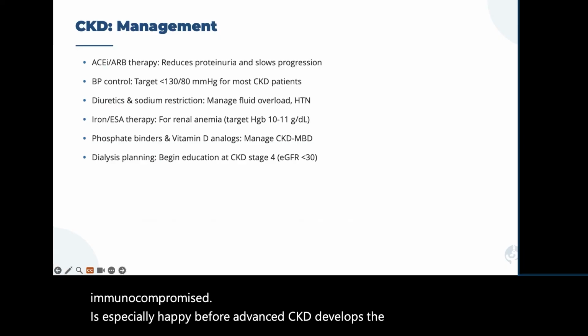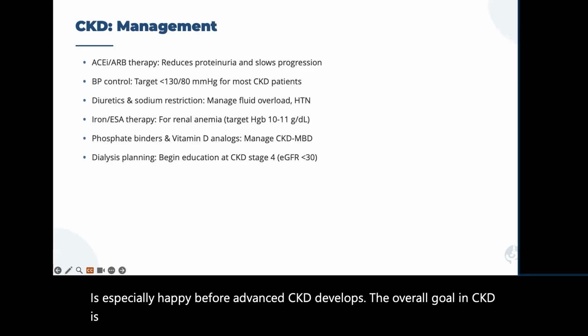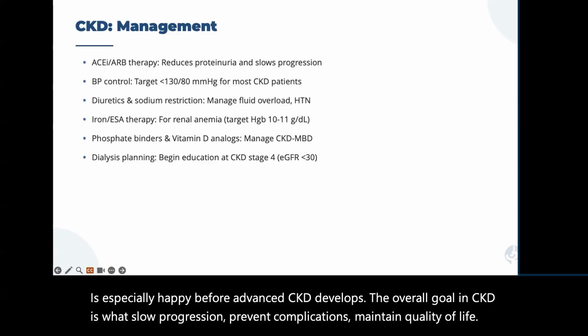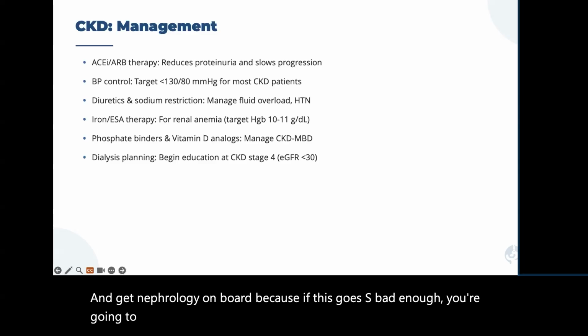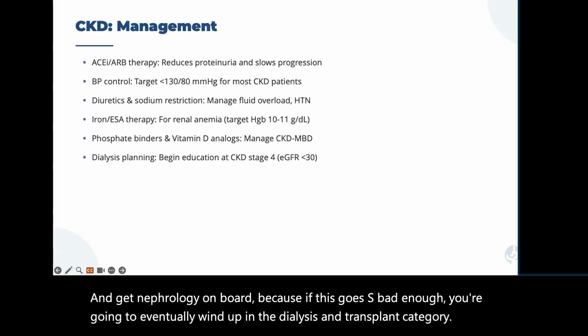The overall goal in CKD is what? Slow progression, prevent complications, maintain quality of life, and get nephrology on board because if this goes south bad enough, you're going to eventually wind up in the dialysis and transplant category.